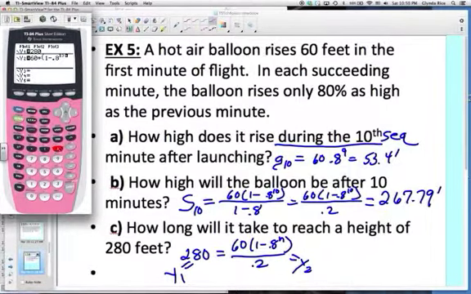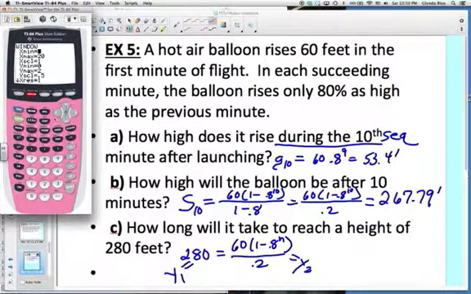Remember, you always have to use the variable of x on your calculator to graph. Well, I know my x max has to be more than 280. Not sure how long it'll take, but it's going to be more than 10 minutes.